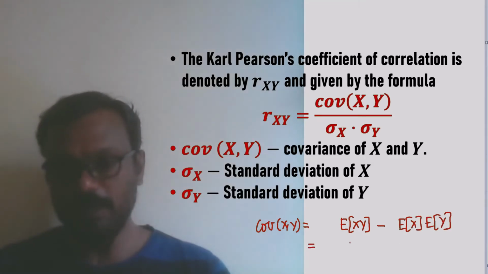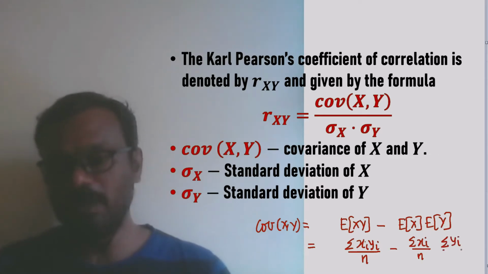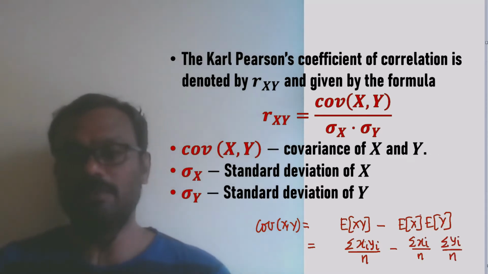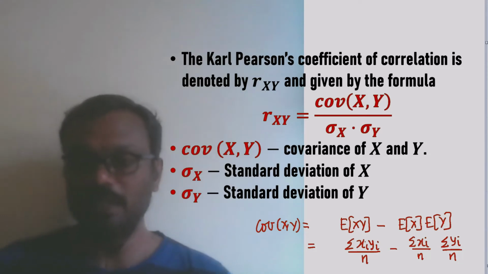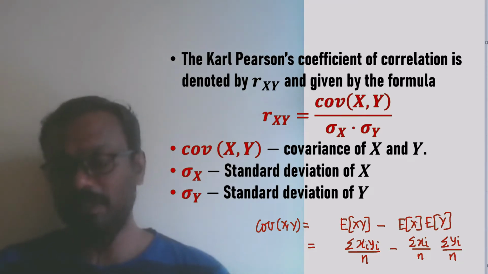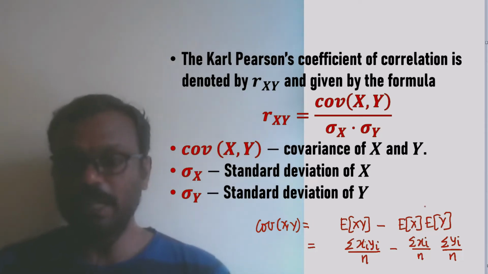Equivalently, it is nothing but the arithmetic mean: the sum of xi into yi divided by the total number of values, minus the sum of xi by the total number of values into the sum of yi by the total number of values. It is the arithmetic mean of the random variable x if you have the numerical values. If the probability is associated with it, it will be the weighted average that we have discussed in our earlier lectures.